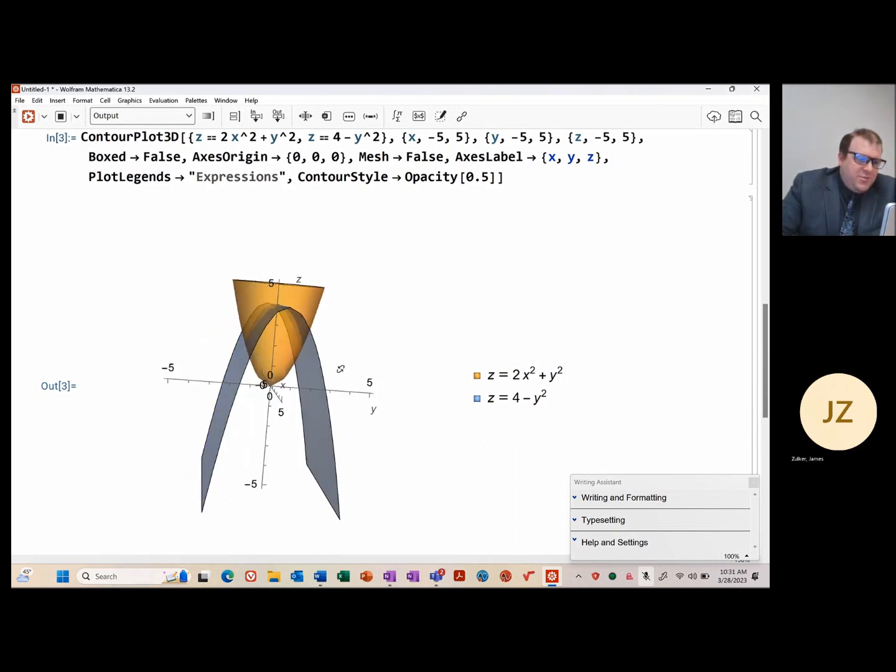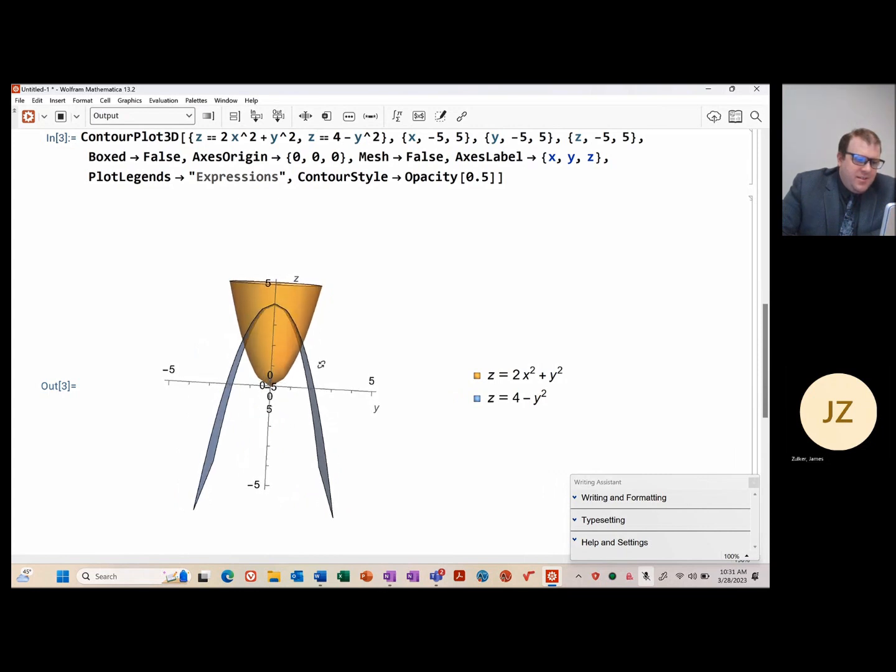So what we're trying to find, this is actually a really good look right here, is the volume of that. Right, it's inside the paraboloid, but below the cylinder.